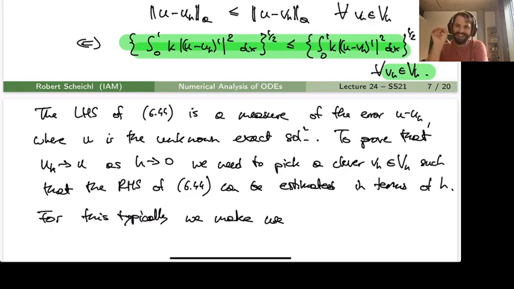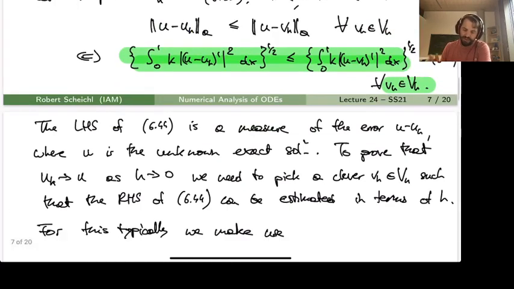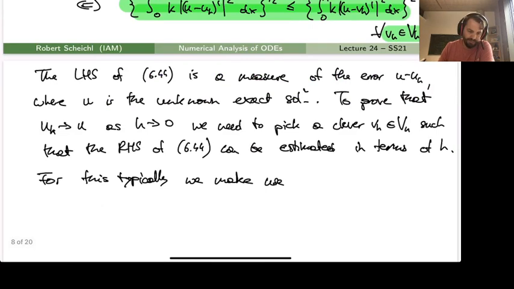So for the analysis, we now assume that u is known and we build an interpolant, and then we get the error. But that doesn't mean we need to know the function or the interpolant, because we have 644. 644 says the thing we compute by solving 633, the approximate weak form, has an error that's less than any function I can choose in a piecewise linear space. So this is just for theoretical purposes now.